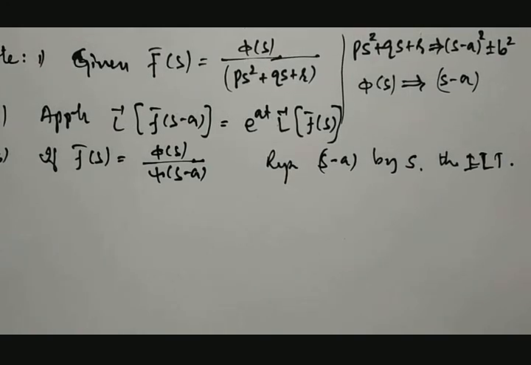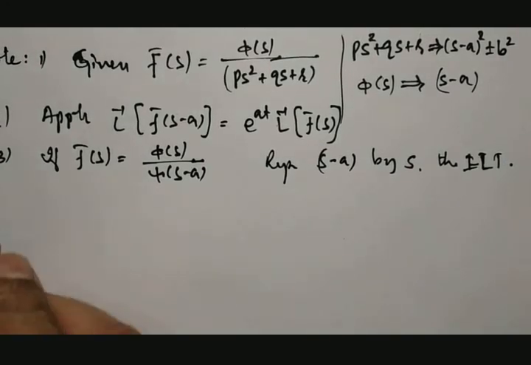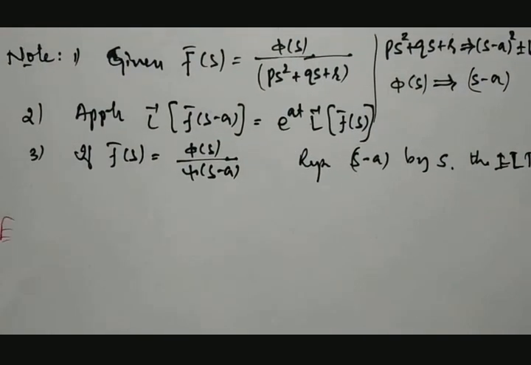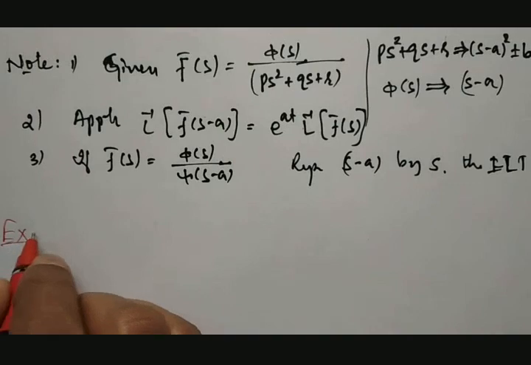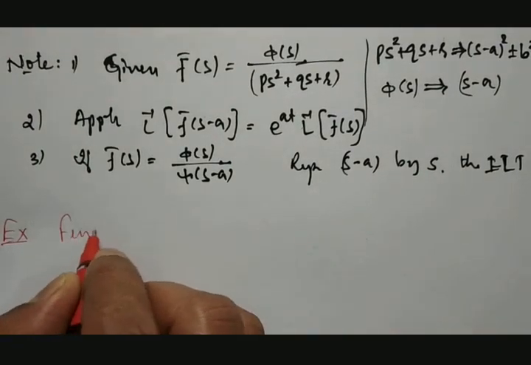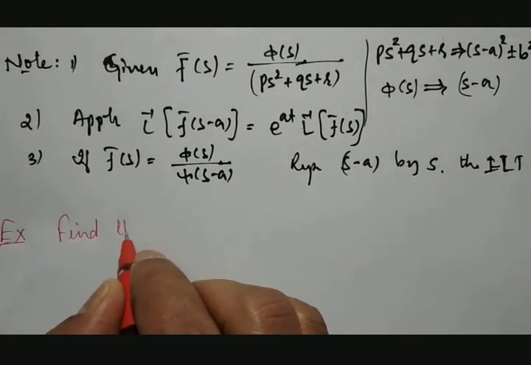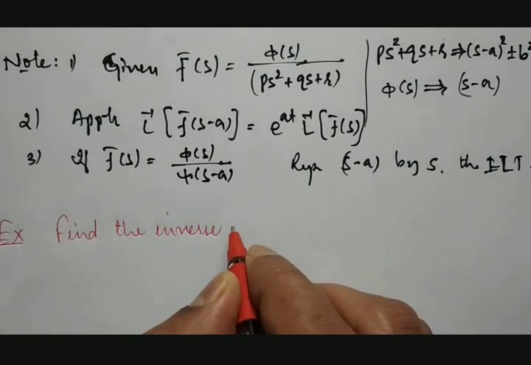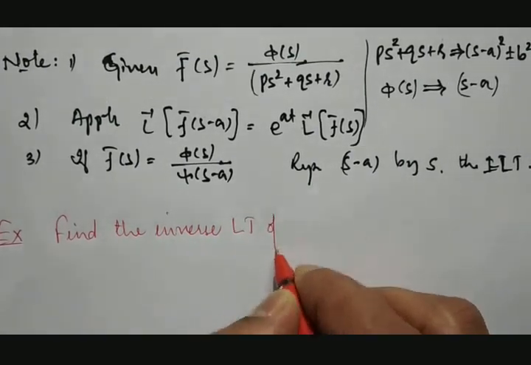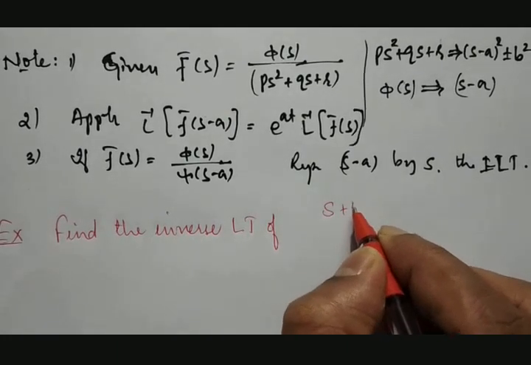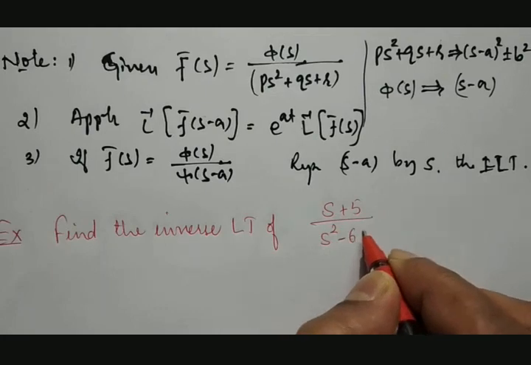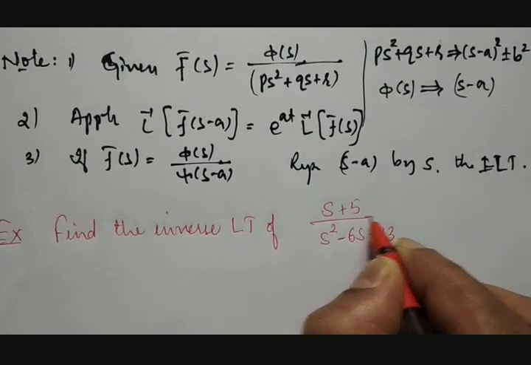The example says, find the inverse Laplace transform of s plus 5 divided by s square minus 6s plus 13.